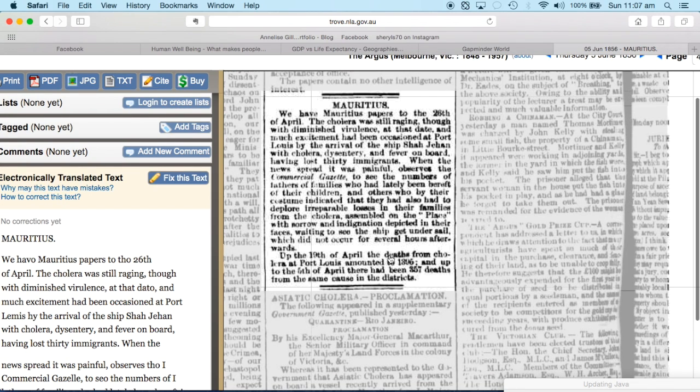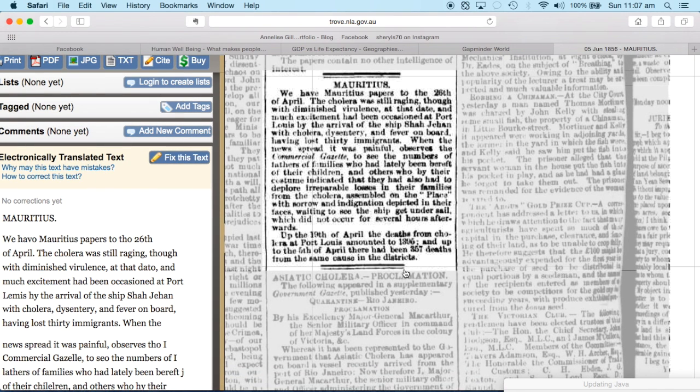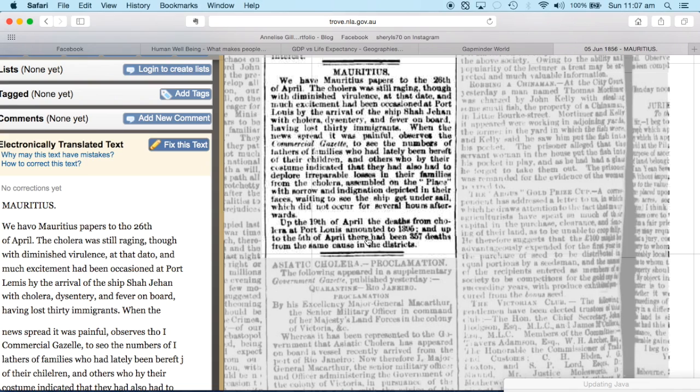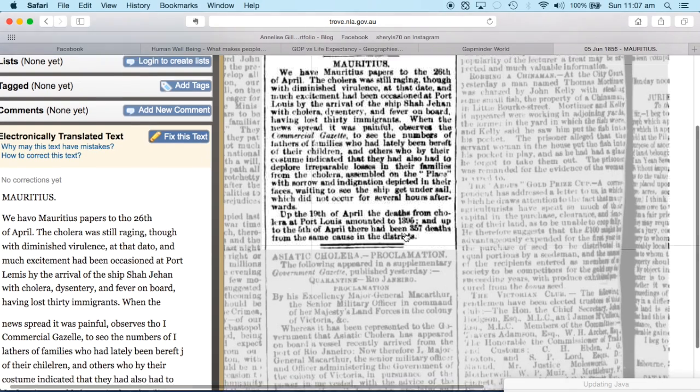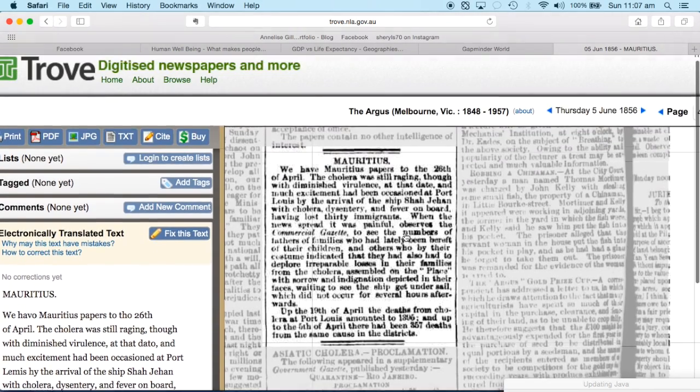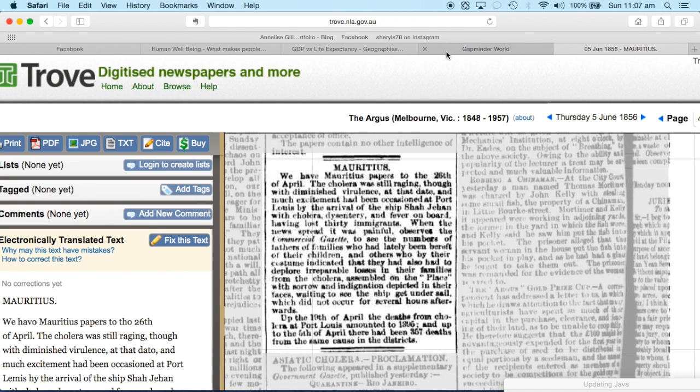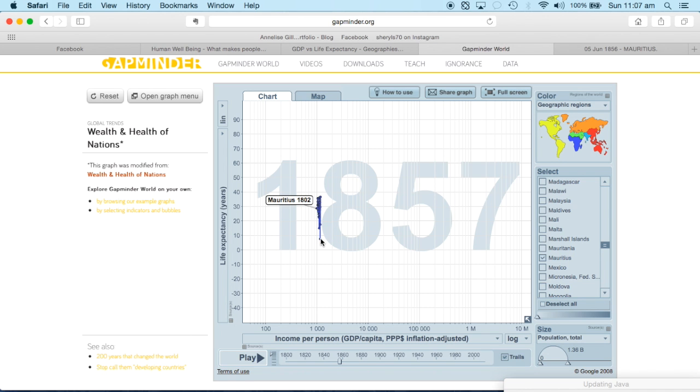Up to the 19th of April, the deaths from cholera amounted to 1305, and there'd been 350 deaths from the same cause in the district. So I reckon we can safely assume that this dip was due to that cholera.